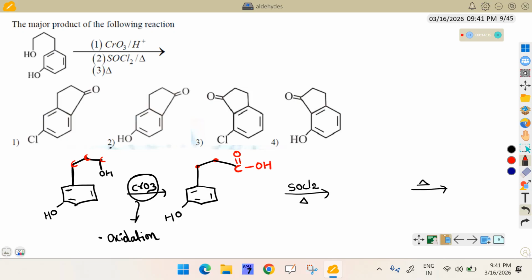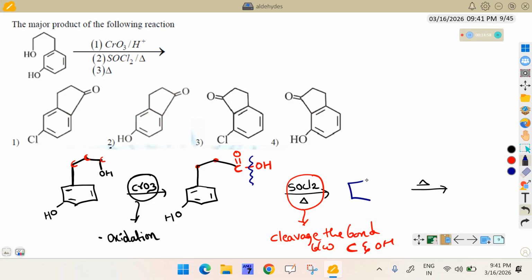Now the carboxylic acid reacts with SOCl2. What is the role of SOCl2? It cleaves the bond between carbon and OH. Break the bond between carbon and OH. In the place of OH, substitute Cl.